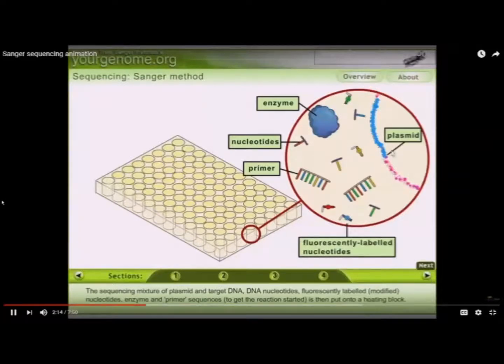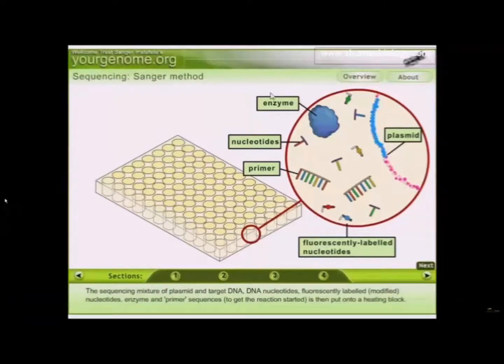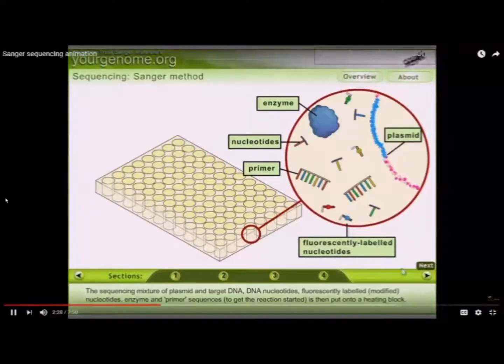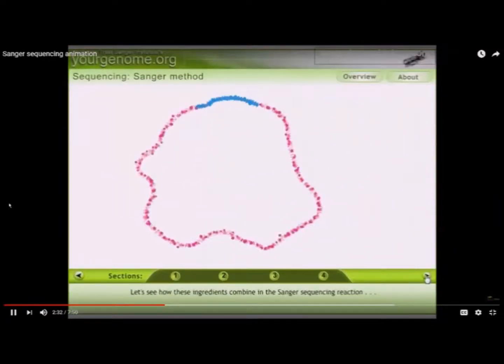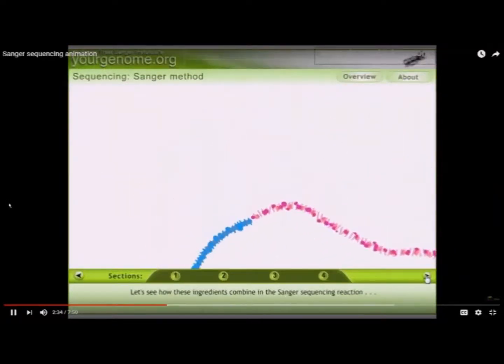So remember what are put? Plasmid DNA, nucleotide sequences that are required. Here are the dNTPs because deoxyribonucleotide sequences are needed. Then the primers and also enzymes are provided, and some fluorescently labeled modified nucleotides are also supplied. Let us see how these ingredients combine in the Sanger reaction.